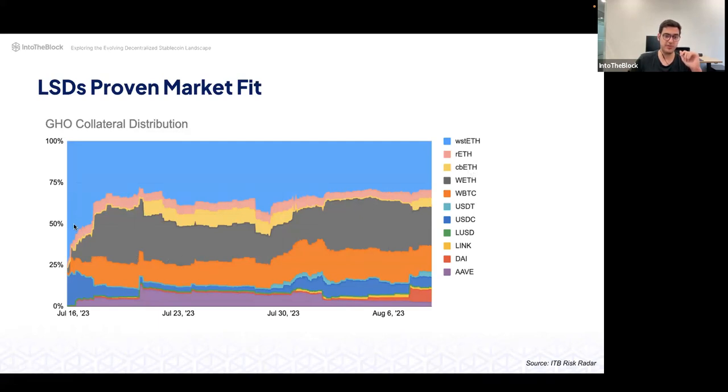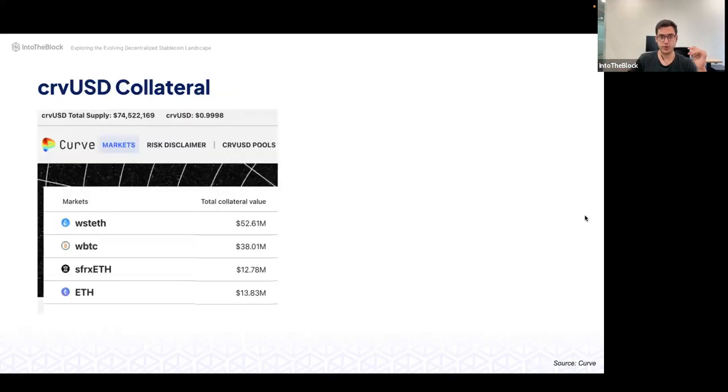It started at about 50%, as we can see here, and now it's holding up at about 40%. This is data from our upcoming GHO indicators, by the way, and it further validates how liquid staking derivatives are helping propel stablecoins forward.